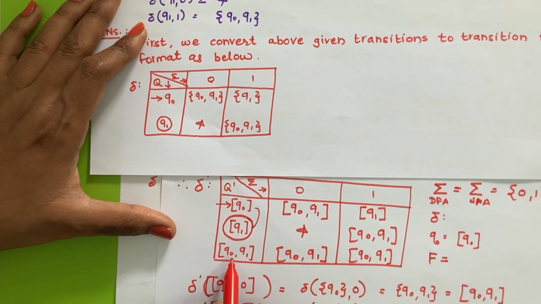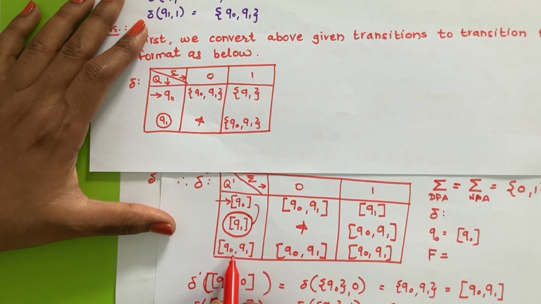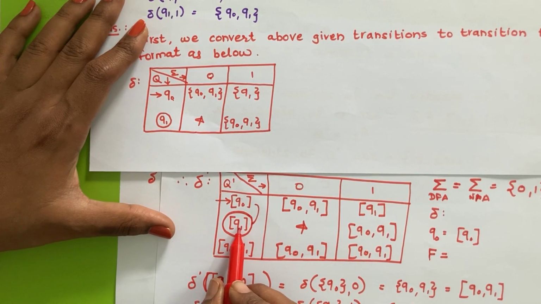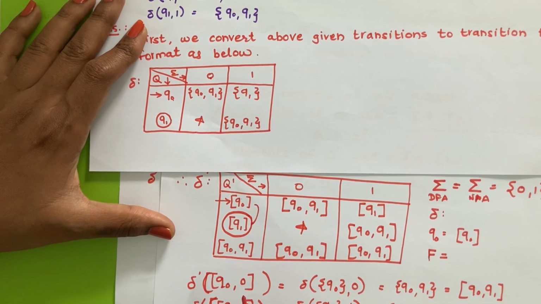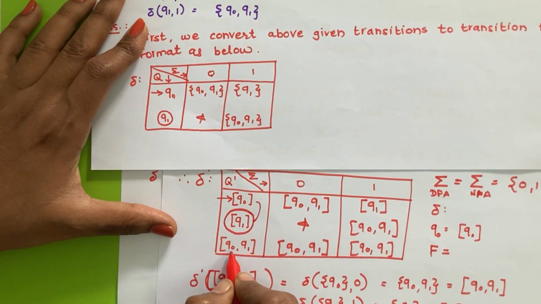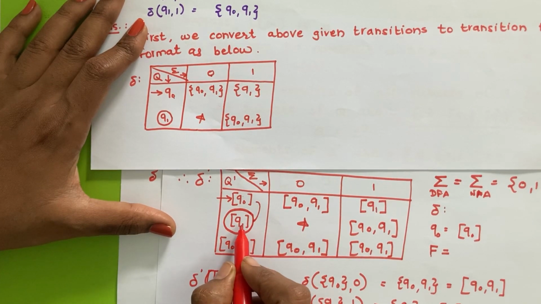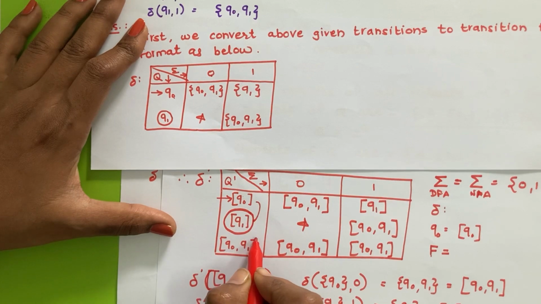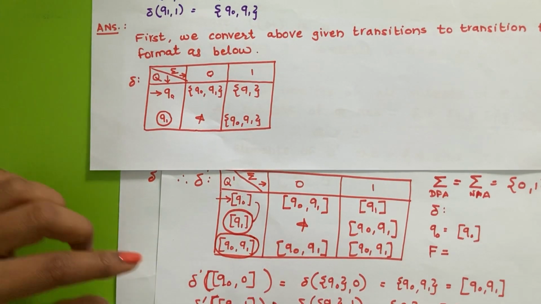Here we have a single newly formed state, that is Q0 Q1. If these states include the final state previously given by the NFA, then all those states are considered final states in the resultant DFA. So this newly formed state, Q0 Q1, includes the NFA's final state, so I'll mark it as a final state in the resultant DFA.